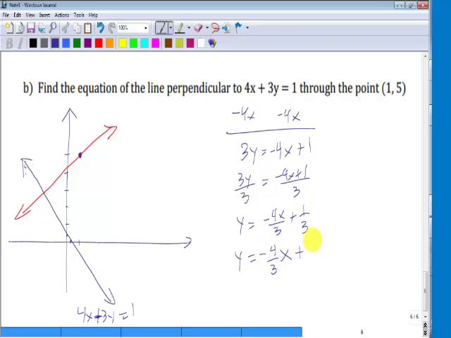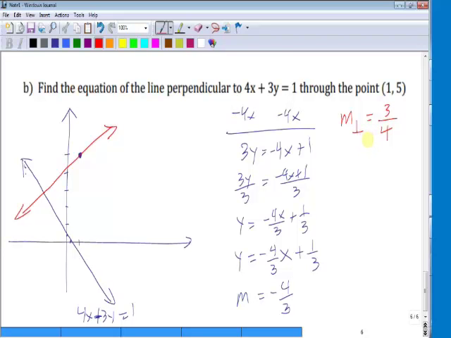So negative 4/3 is the slope of the blue line. Therefore, the slope of the red line, maybe call it m perp, the slope of the perpendicular line, is what? 3/4. Change the sign, take the reciprocal, and get 3/4.